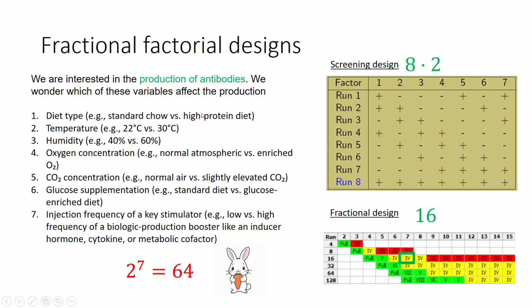So you already have 2 values: standard chow versus high protein diet. So let's say that this is plus, this is minus, this is plus, this is minus. So in the first combination you will use plus from the first factor, minus from the second factor, minus from the third factor, and so on.